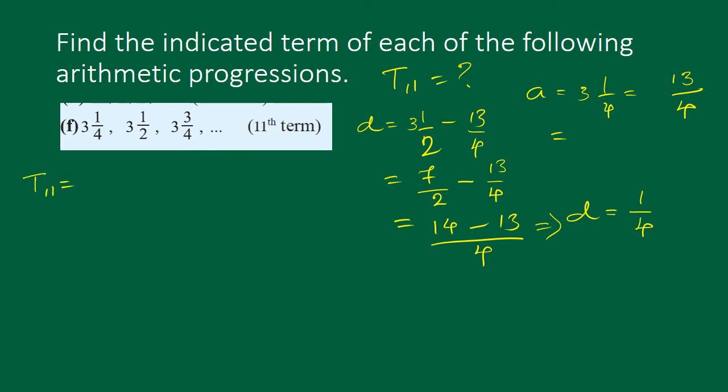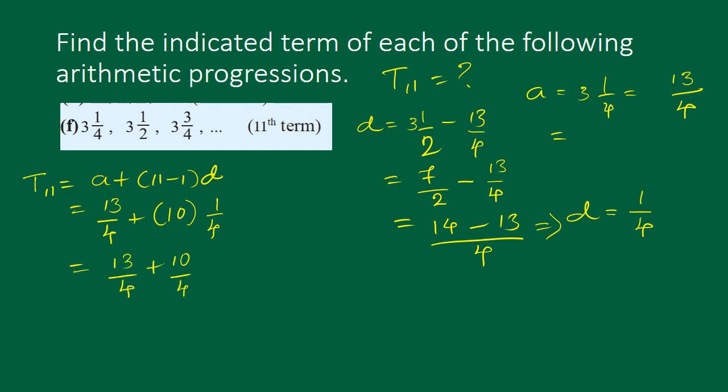And you can find out T11 is a plus 11 minus 1 into d. That means 13 over 4 plus 10 into 1 over 4, right? Then you can get 13 over 4 plus 10 over 4. That means 23 over 4. And you can write this as a mixed number, right?